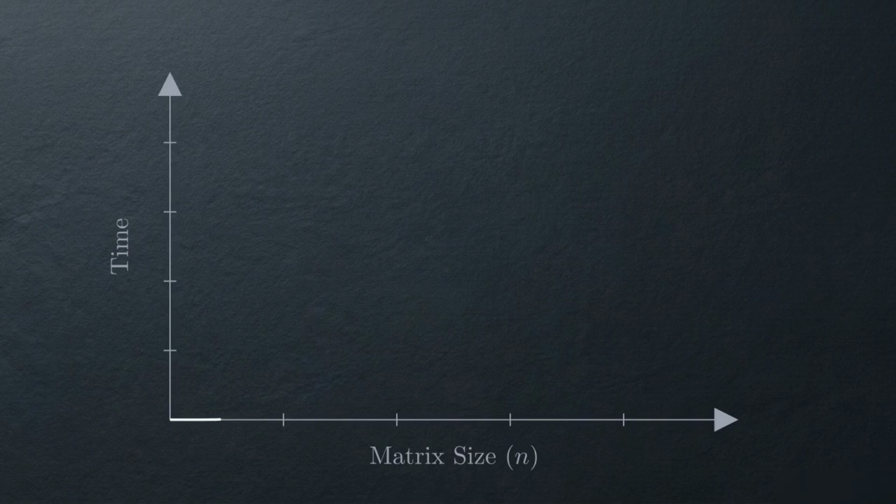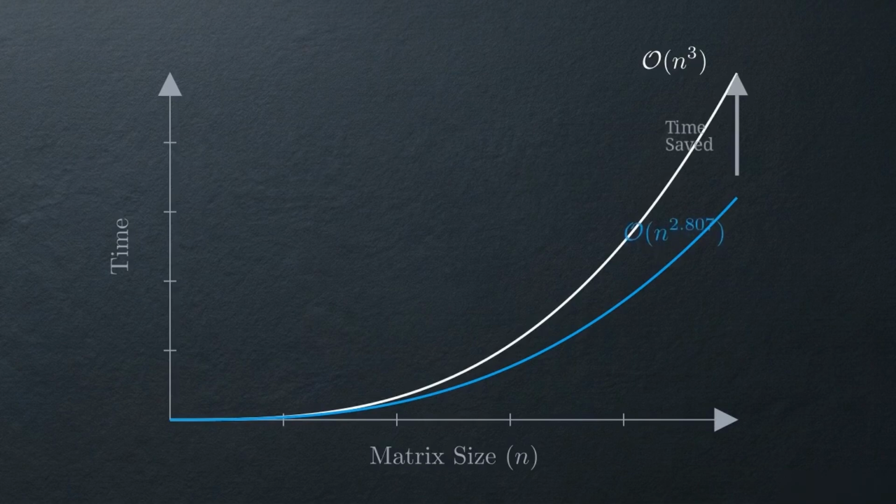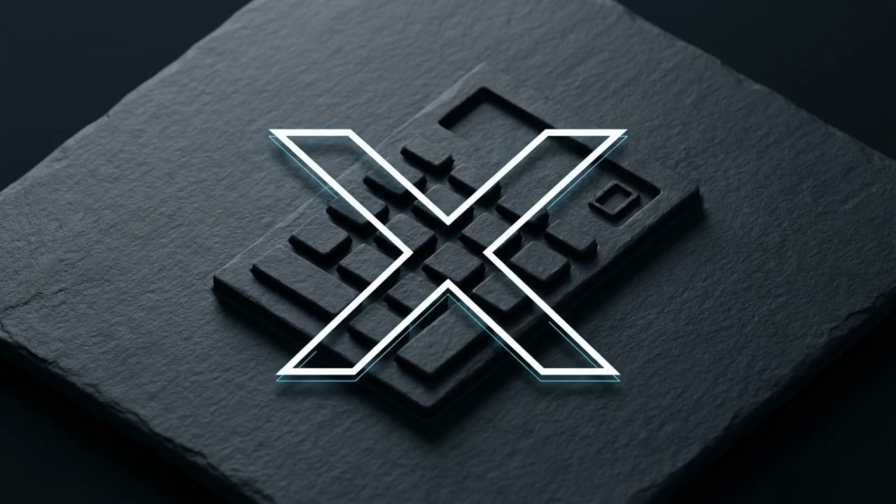We can chart this compounding divergence by plotting computation time against the matrix size n. As the input scales up, the O(n^3) curve climbs vertically, rapidly exhausting processing power. The Strassen curve maintains a significantly lower trajectory. However, despite this mathematical superiority, Strassen's algorithm is rarely implemented in basic consumer software.